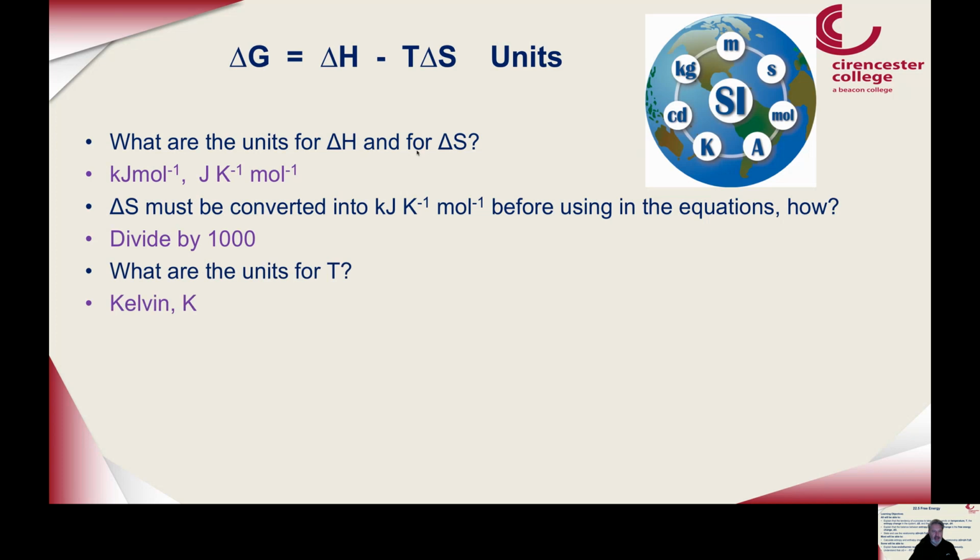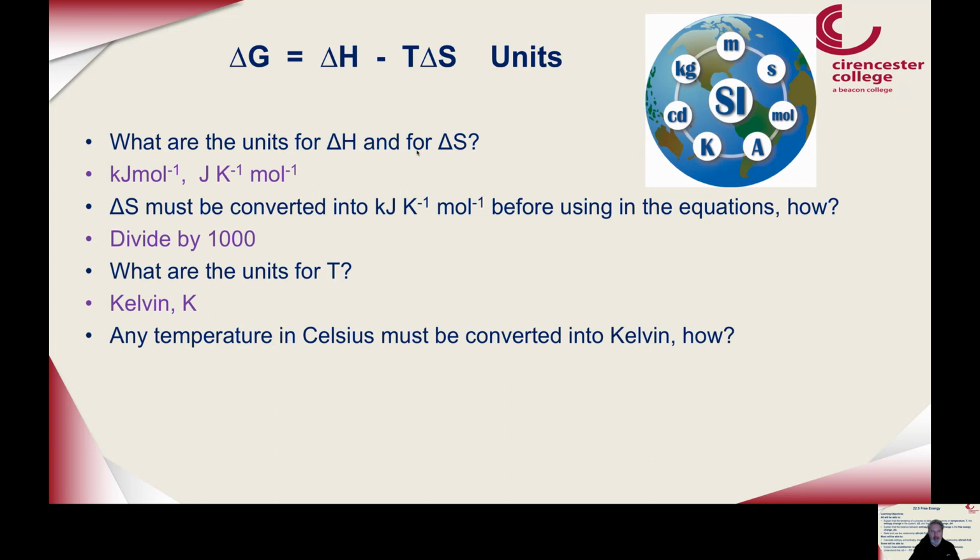The units of T should be in Kelvin, not degrees Celsius. Any temperature in Celsius needs to be converted to Kelvin. How do you do that? Yep, you have to add 273. Therefore, what are the units of delta G?